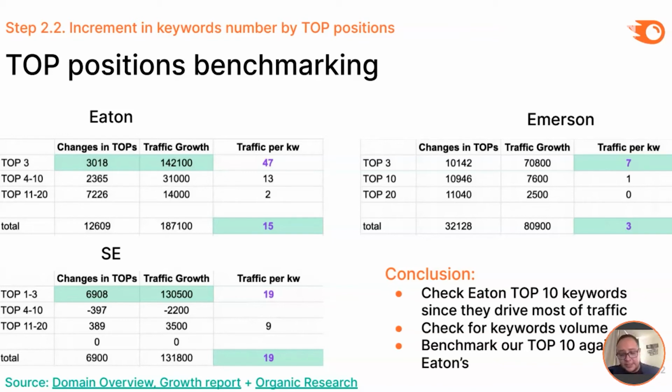If you only have one keyword on the first page of Google, you're basically not doing anything good. The more keywords at top positions, the better for any company. So you need to see how your competitors are doing with this.